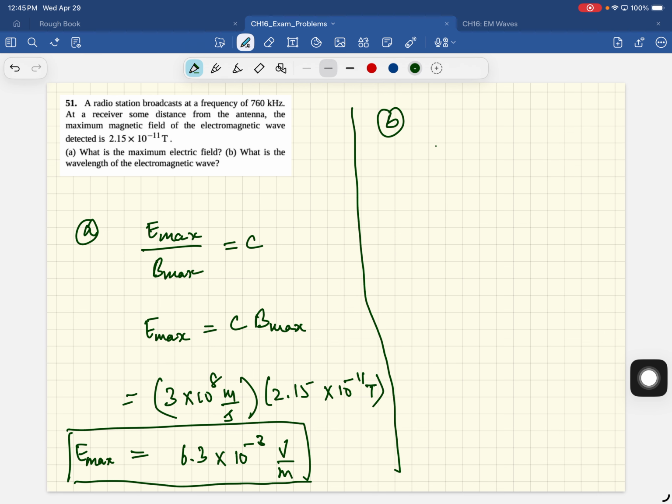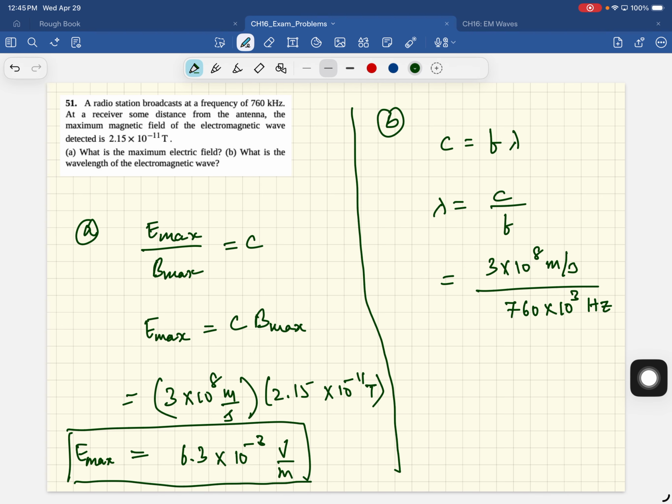And what is the wavelength of the electromagnetic wave? So c is frequency times wavelength. Wavelength is c divided by frequency. Hertz is 1 per second.